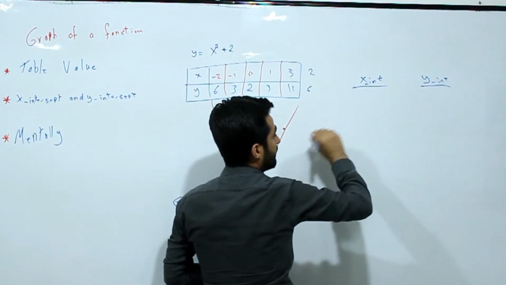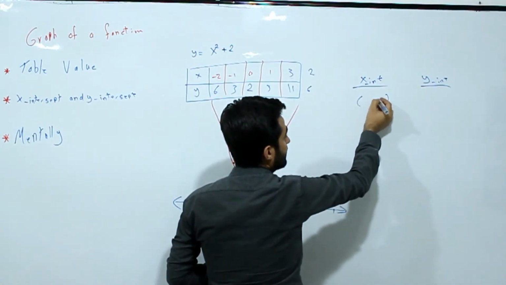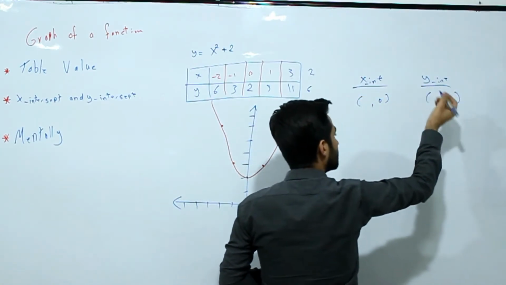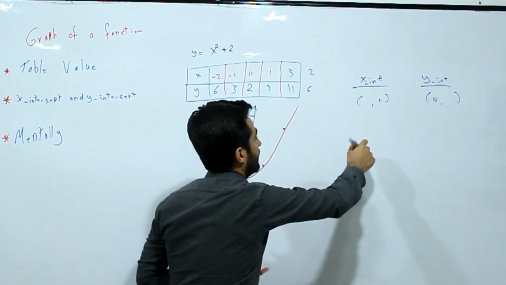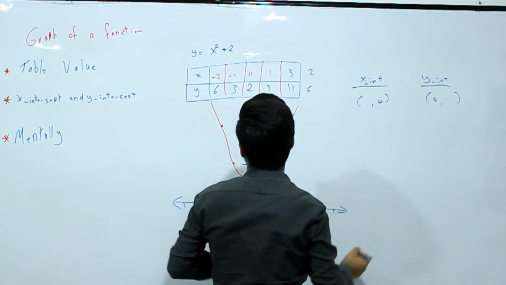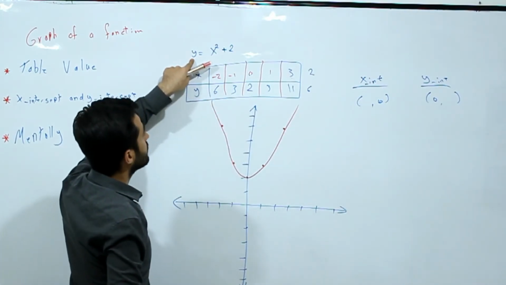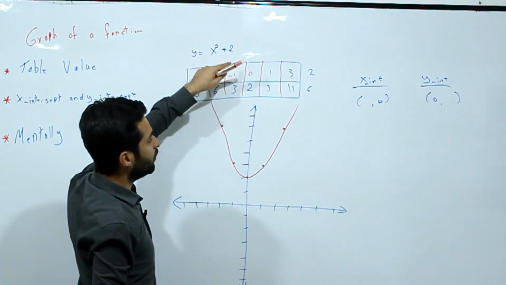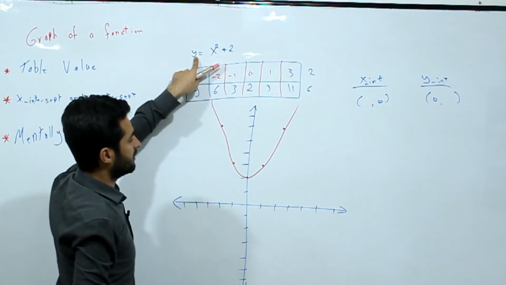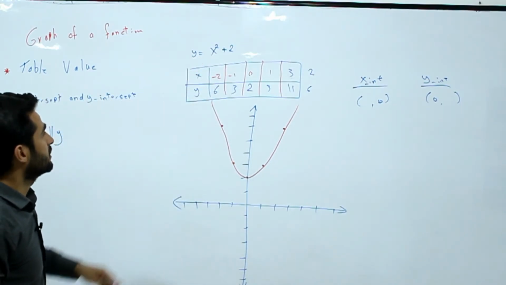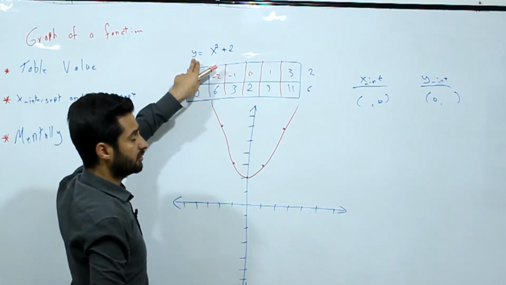Okay? In the X-intercept y is 0, and in the Y-intercept x is 0. Put 0 in the place of y. So when we put 0 in the place of y, 0 will be here.